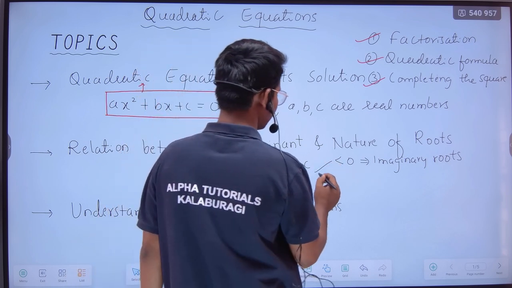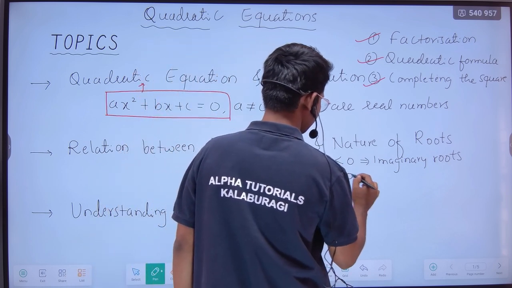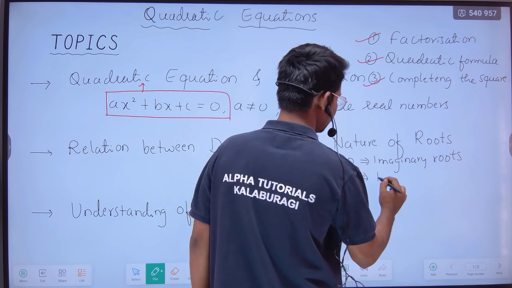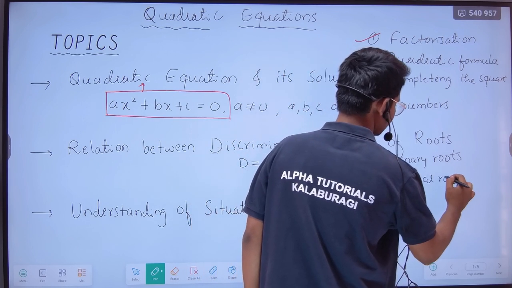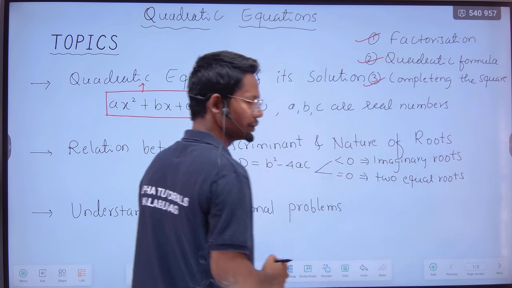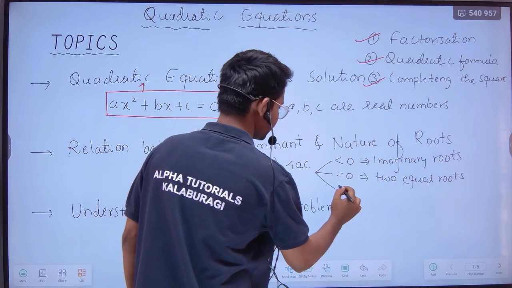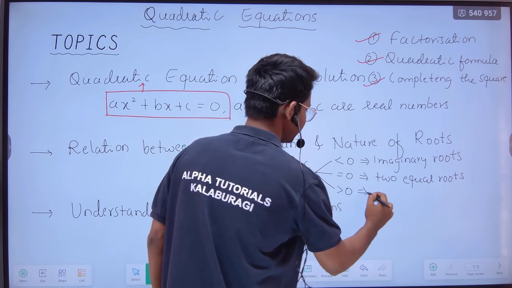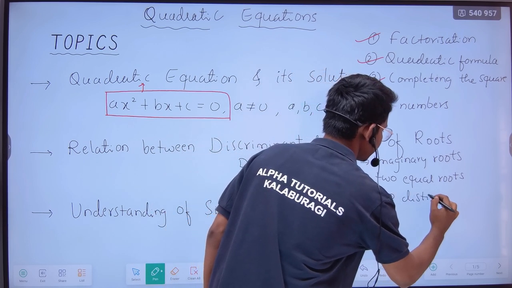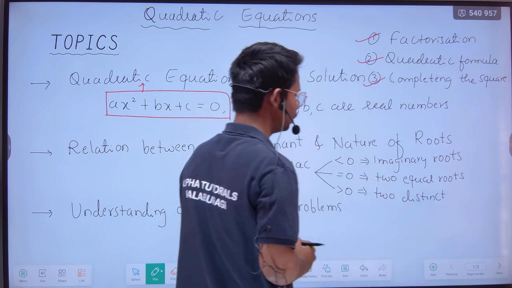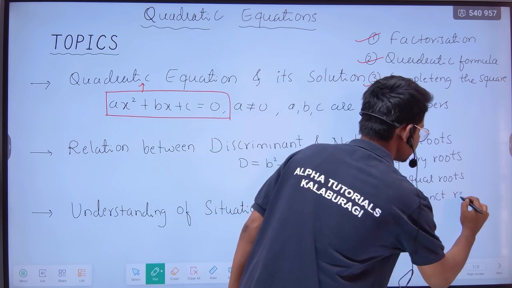Now if it is equal to 0, we will get two equal roots. If it is greater than 0, we will get two distinct, that means different, real roots.